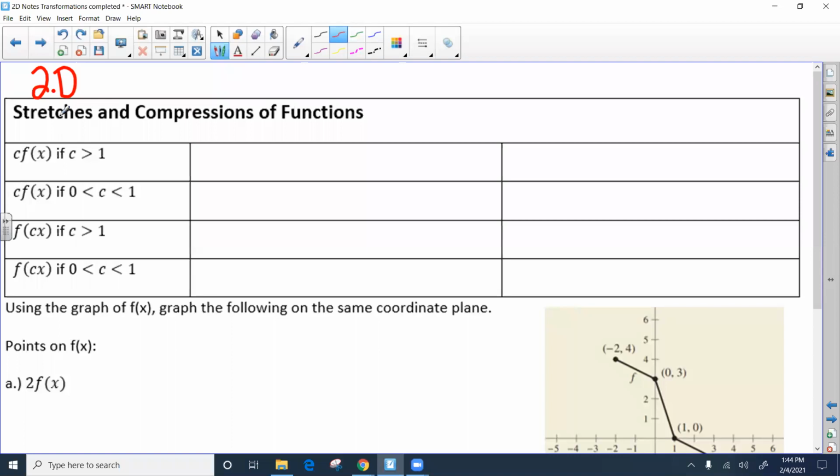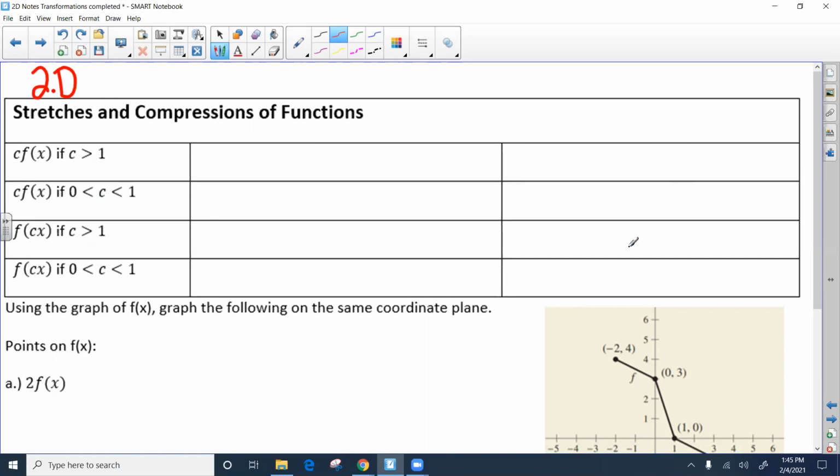So when we're trying to figure out if we have a stretch or compression, we're going to have to look at where the number is. If you look at all of these, we're multiplying by some number C, which is going to either stretch or compress the graph. We have to decide whether it's on the inside or outside, so whether it's affecting the X or the Y. And then whether it's a stretch or compression will depend on what the number actually is.